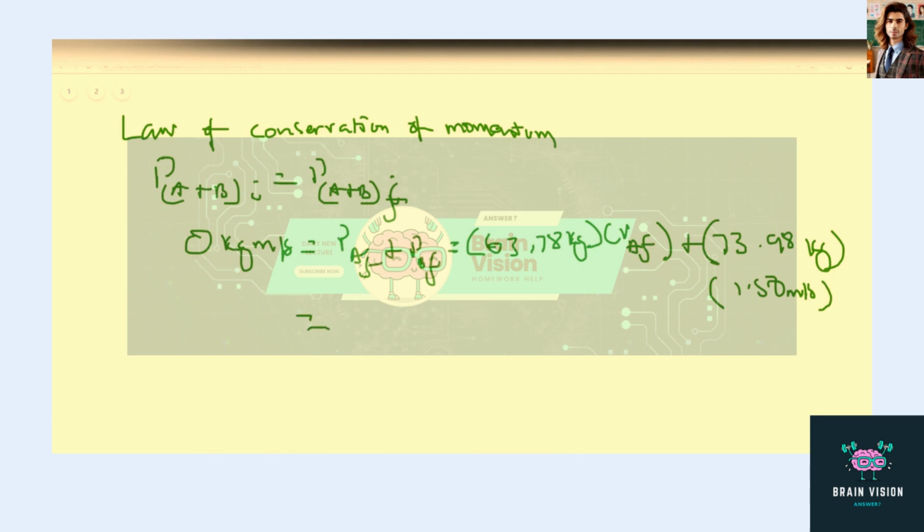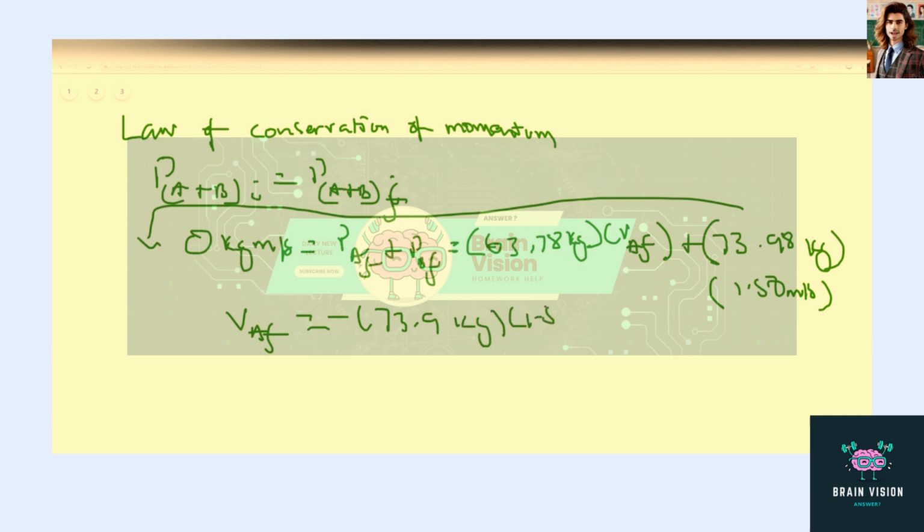And so we can shift things and see that the final velocity of A is the same as minus 73.98 kilograms times 1.50 meters per second, all over 63.78 kilograms.